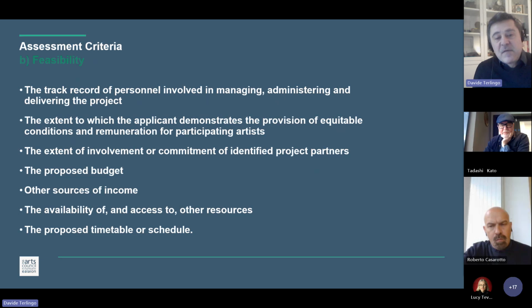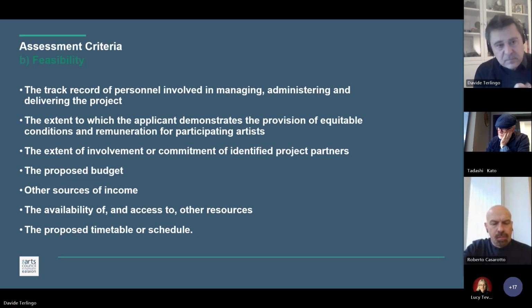The extent of involvement or commitment of partners: we usually want to see risk sharing and equal commitment on both sides. In these partnerships, it's not just about taking or just giving. We want a clear sense that partners are fully invested in each other's work.